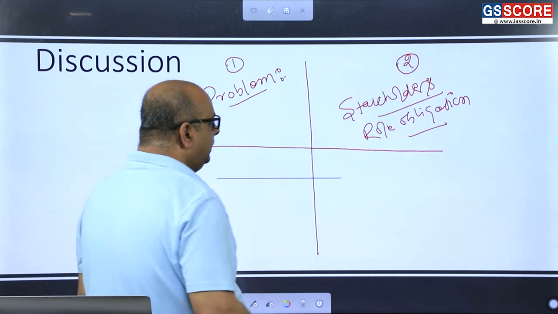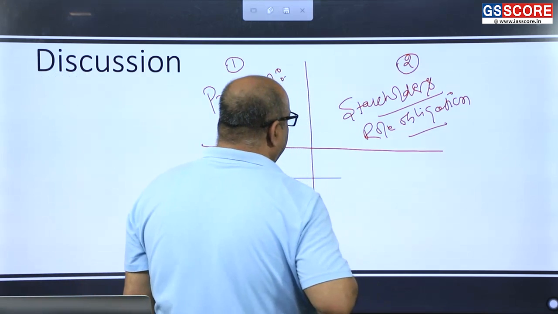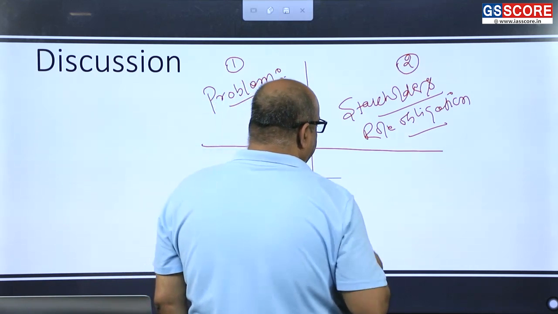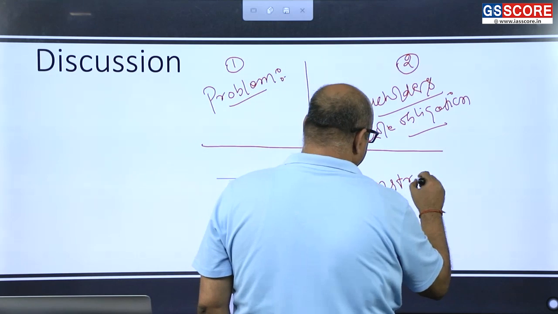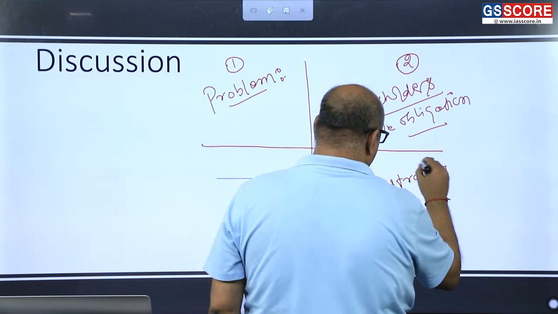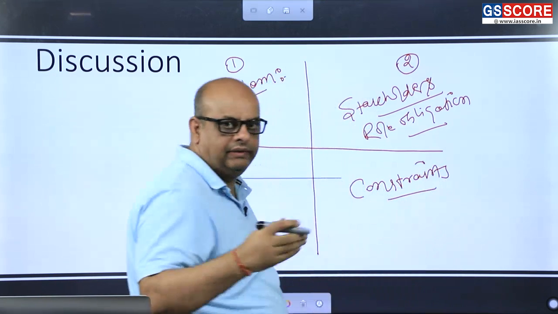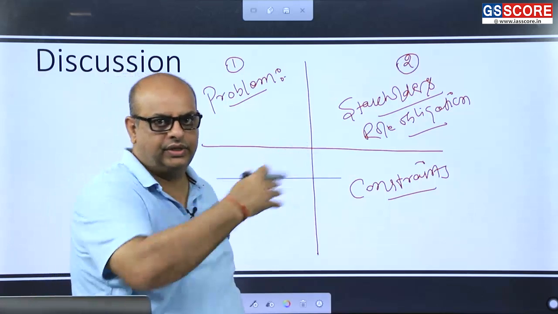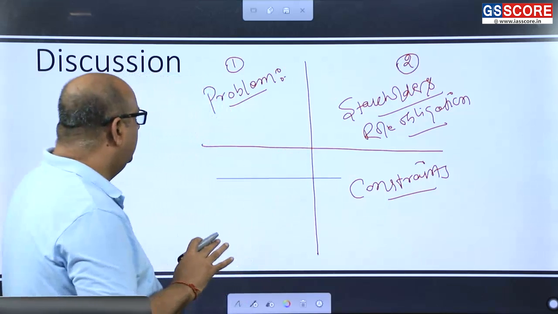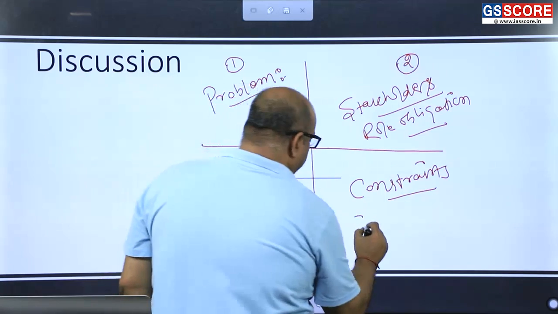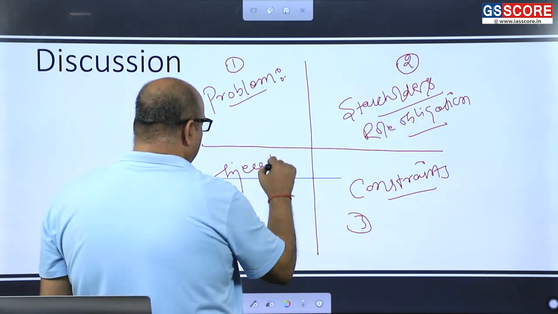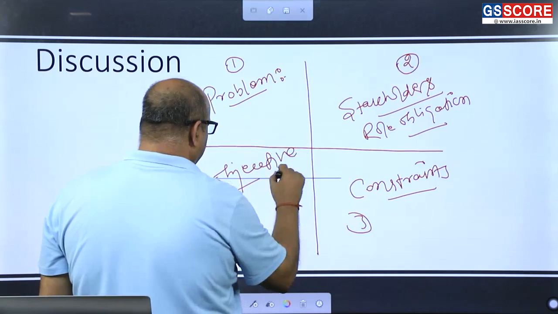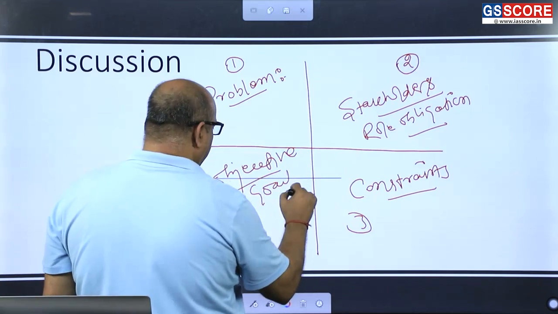The third and important aspect is basically to identify the constraints. I will come to how to structure the answer also. But before that, this is the third, constraint. And fourth is the objective or goal you want to achieve.